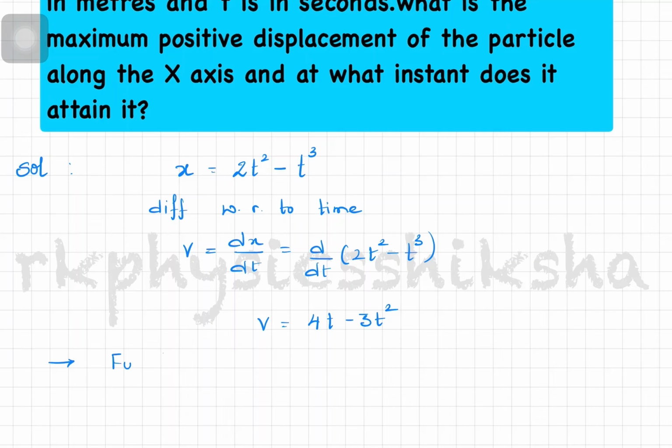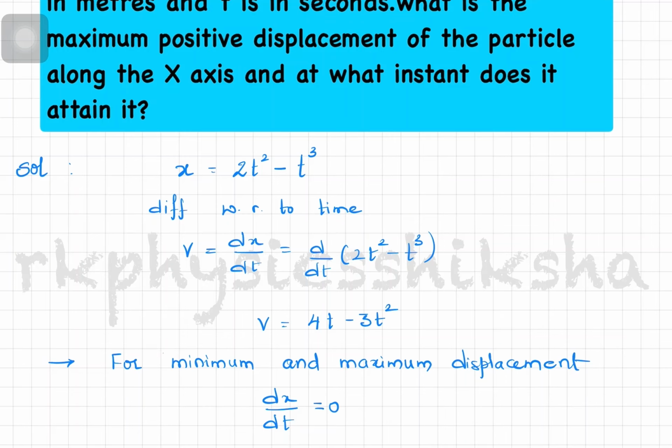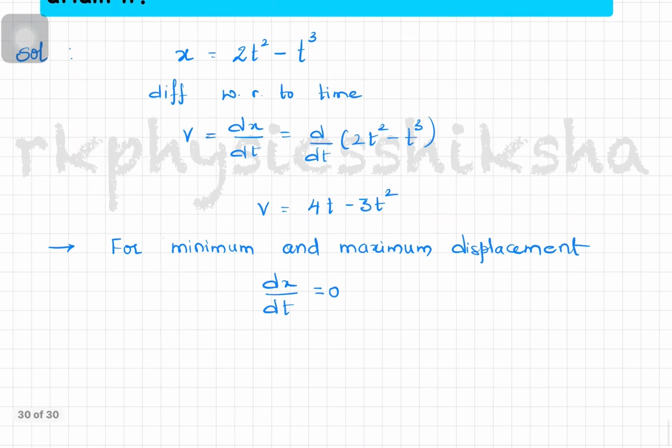So for minimum and maximum displacement, dx by dt should be equal to 0, which is the one we already calculated above: 4t minus 3t square equals 0.